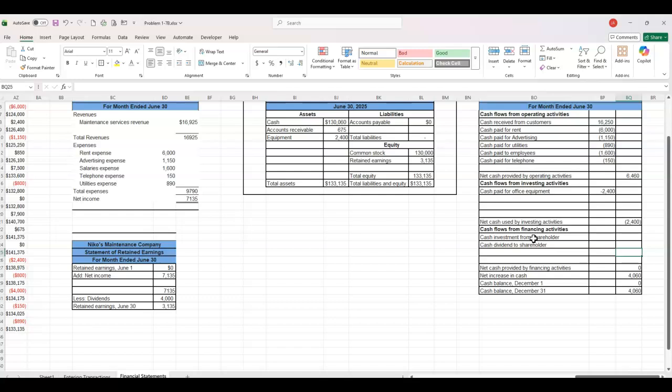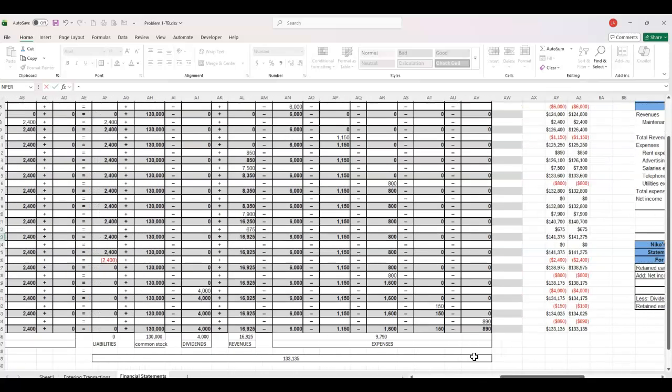And then finally, financing activities. This is usually long-term debt or transfers from or to owners, for example, issuing stock, paying dividends, paying off long-term debt or incurring long-term debt. In this case, we have an investment by the shareholder, just one, and it was in cash here.